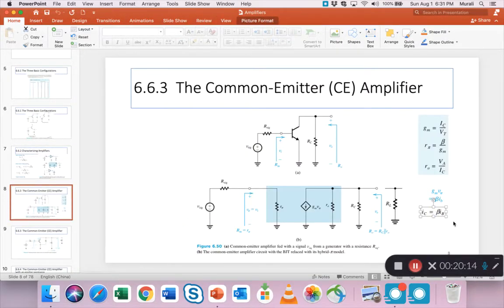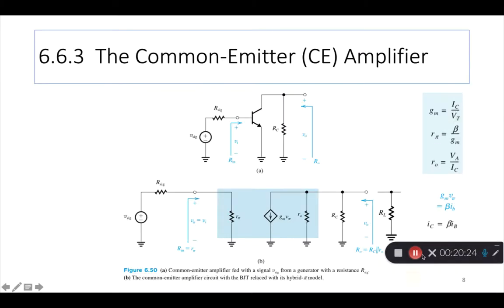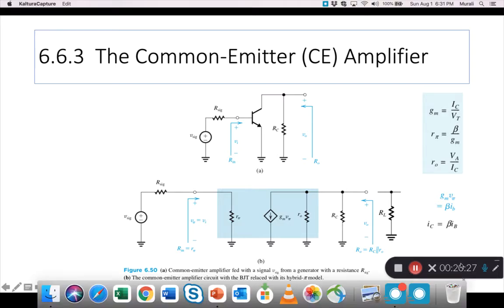This is from the properties of the transistor itself, right? We know that. So anyway, I brought these formulas together so that you understand how we go about analyzing this amplifier.